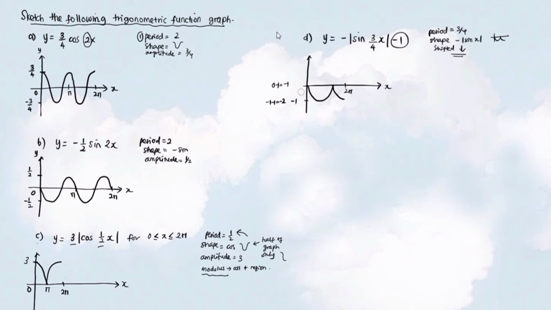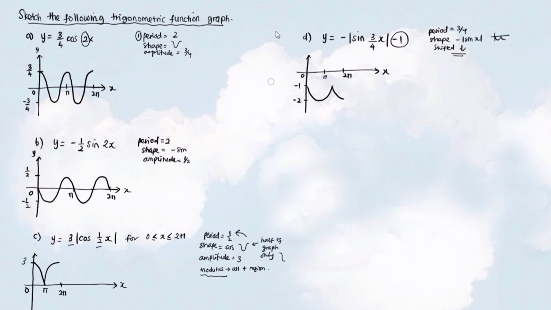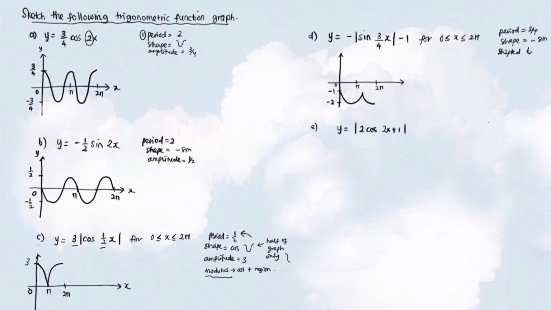So the position of the x-axis is different now, and we erase anything that is not appropriate, and you are done. For the next question, y equals modulus 2 cos 2x plus 1.